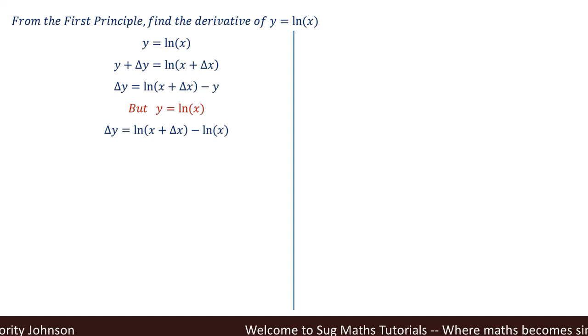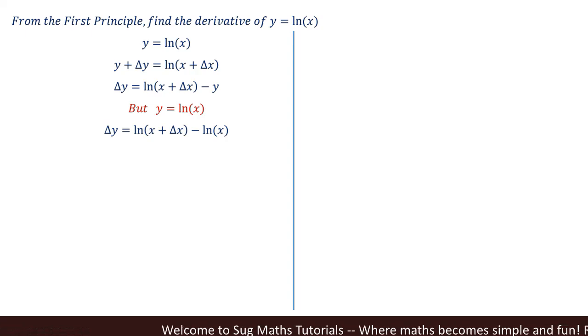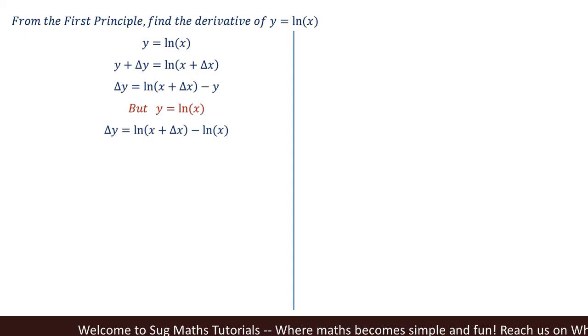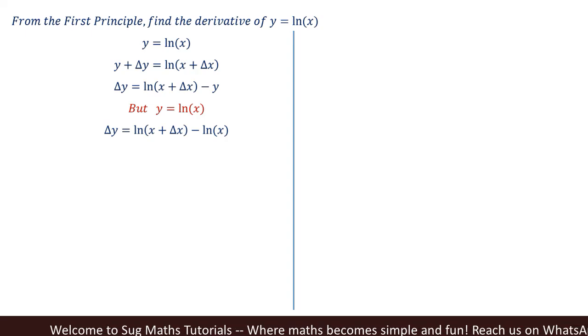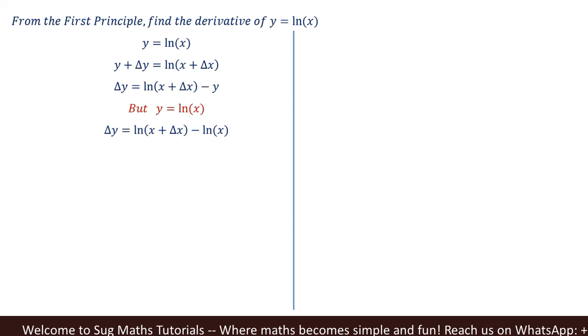We apply the law of logarithm. Now, here we have ln of x plus change in x minus ln of x. So we have 2 logs, and the sign between them is subtraction, right?